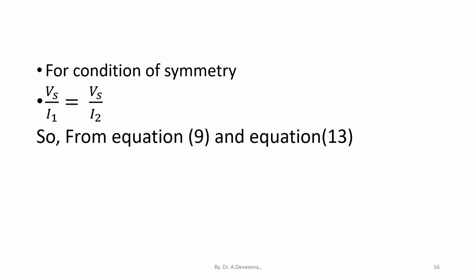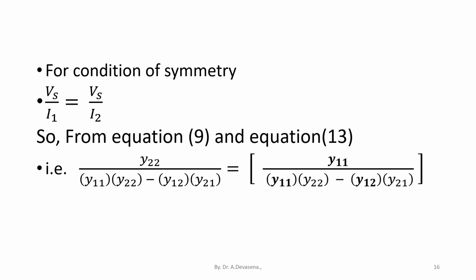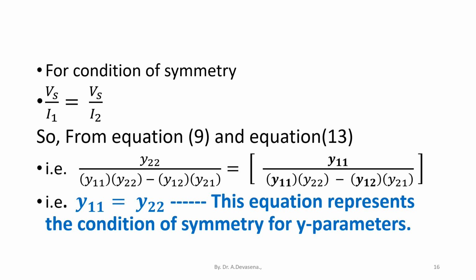If we substitute these values from equations 9 and 13, we get y22 divided by y11 y22 minus y12 y21, equal to y11 divided by y11 y22 minus y12 y21, that is y11 is equal to y22. This equation represents the condition of symmetry for y parameters.